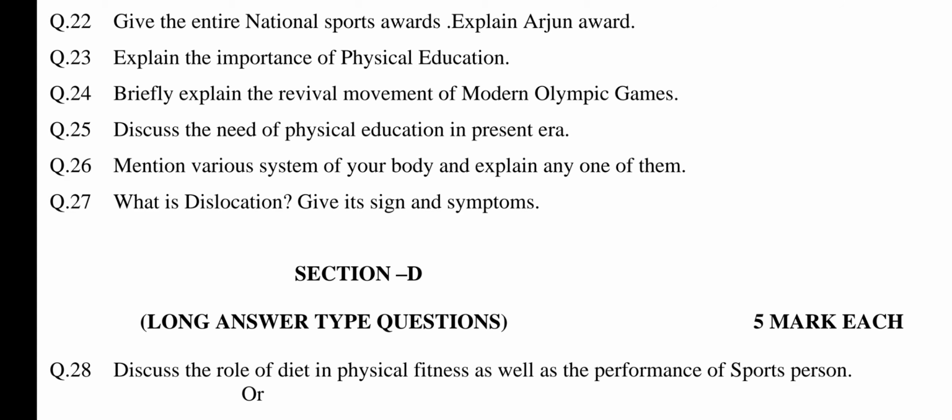The Arjuna Award was instituted in 1961. It was named after the great archer and disciple Arjuna of the Mahabharata. This award is given to the sports personality who excels in games and sports for 3 consecutive years at national and international level.